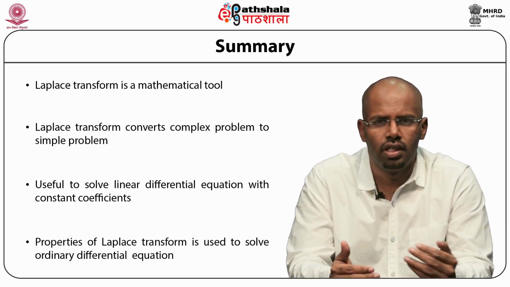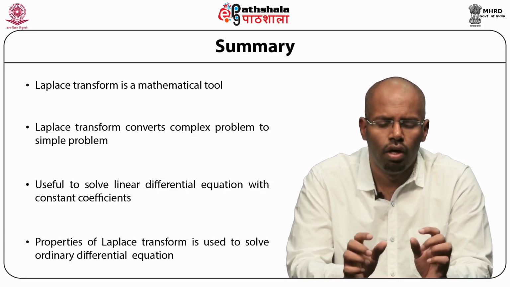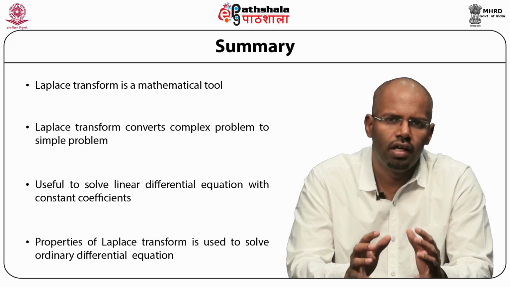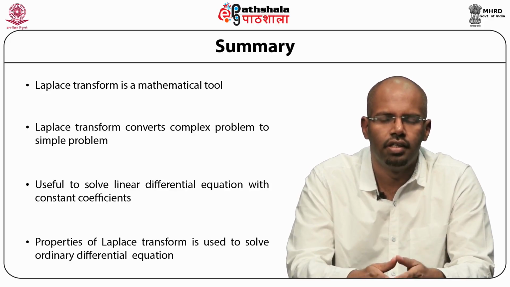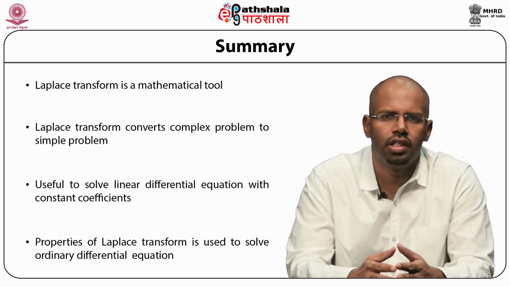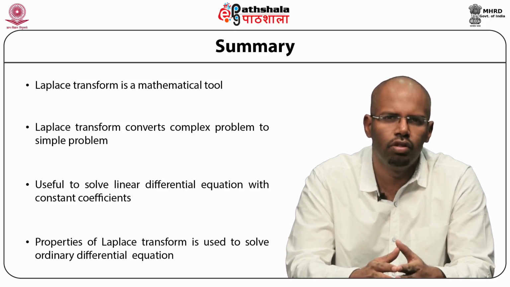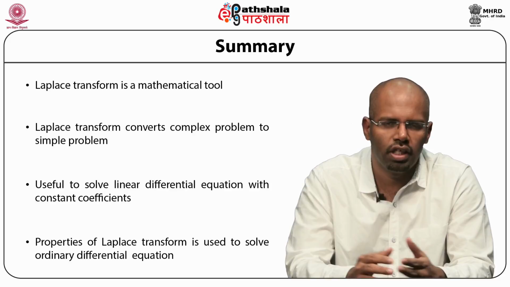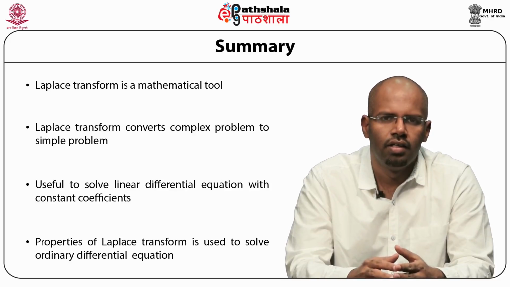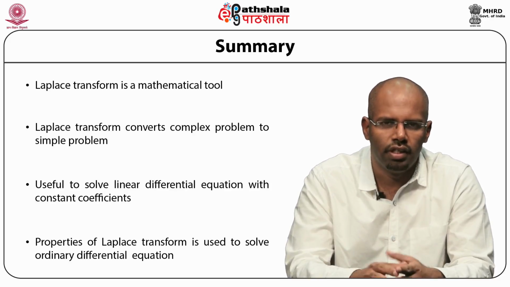In other words, it is as simple as taking a problem, let us say 1024 into 1024. How would you solve it? It's easier to write it as 2 raised to the power 10 into 2 raised to the power 10.